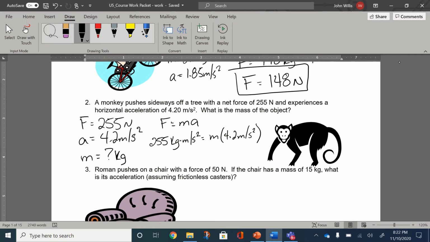You're going to get not only our value for mass being 61, I think it was like 60.8, but it's close enough, but you'll also notice your units of meters per second squared will completely cancel out. So a Newton divided by a meter per second squared is a kilogram, because the unit of a Newton was kilogram meter per second squared. It's the only unit out of that whole amalgamation of many, many smaller units that survives.